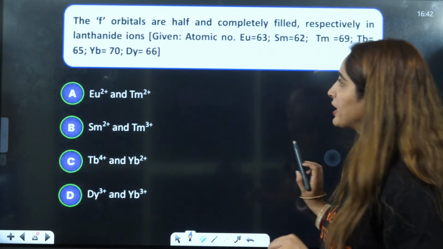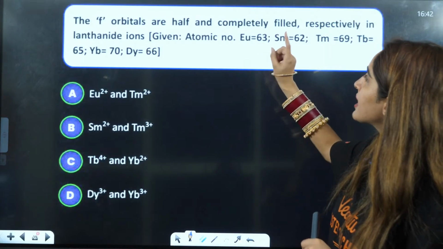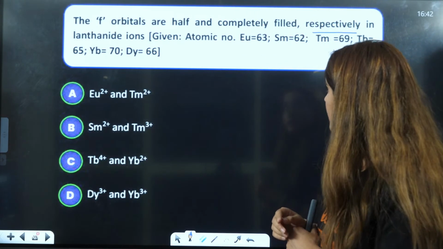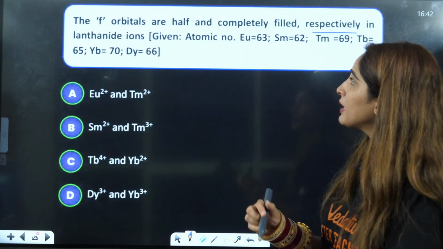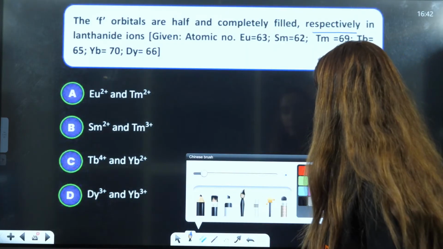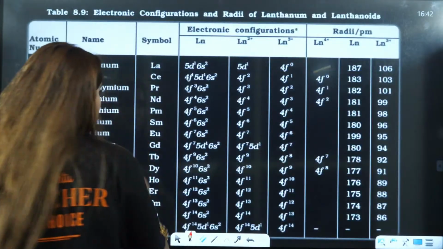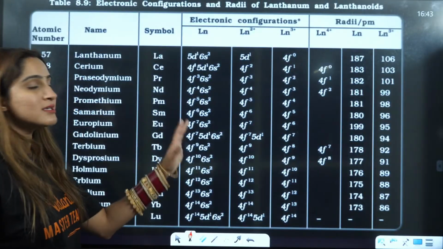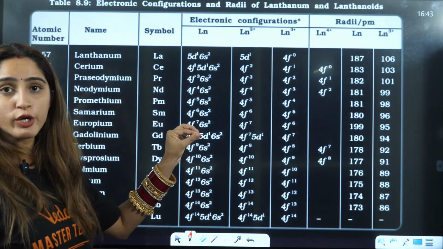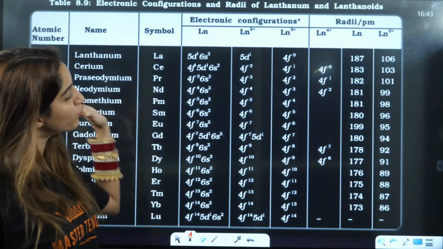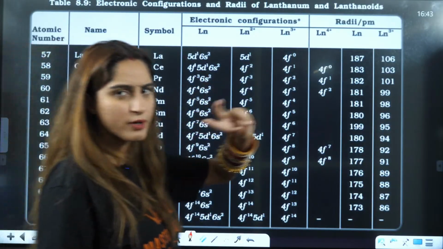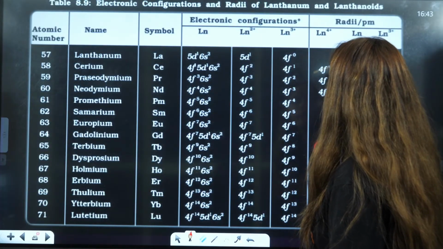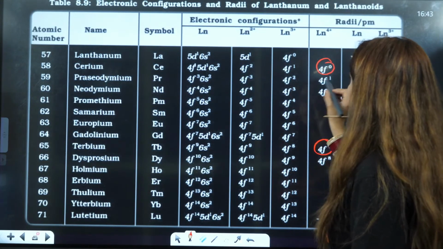Next, very, very important question. The f orbitals are half and completely filled respectively in lanthanide ions, right? They are asking you f orbitals which are half filled and completely filled. For that, beta, you have to see this. Just students, first thing what you need to do is see this table here. This electronic configuration is highly important. I'll tell you, you don't have to cram the full chart here. Just remember few. Okay. I'll tell you, first is 4f7 and 4f0. That is cerium.